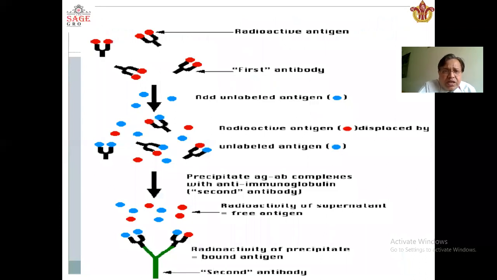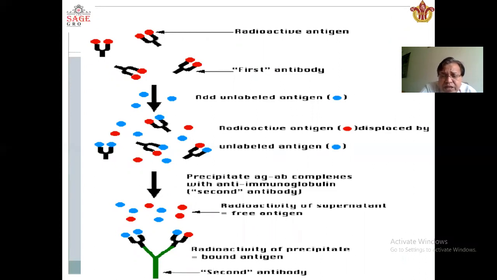As you can see in this diagram, radioactive antigen is labeled with red color and unlabeled antigen is blue color. Radio antigen combines with antibody and forms a complex.